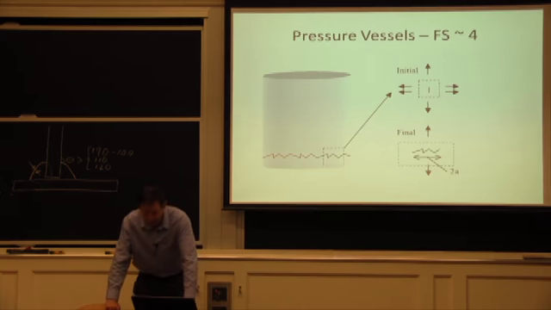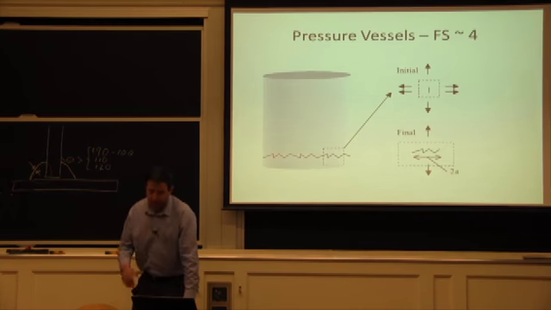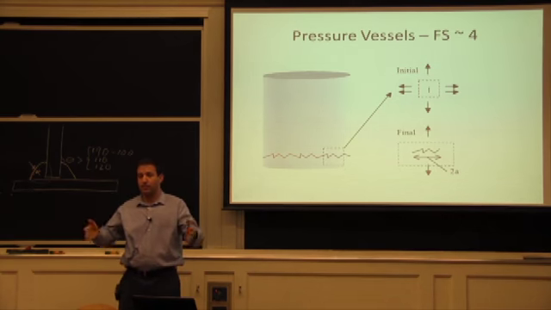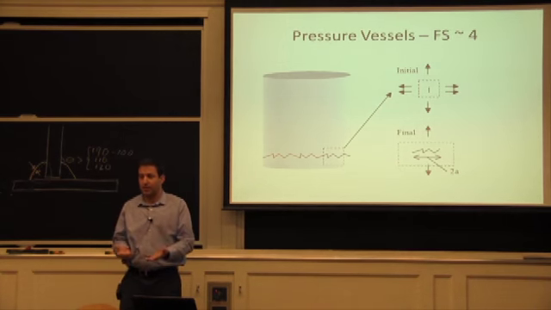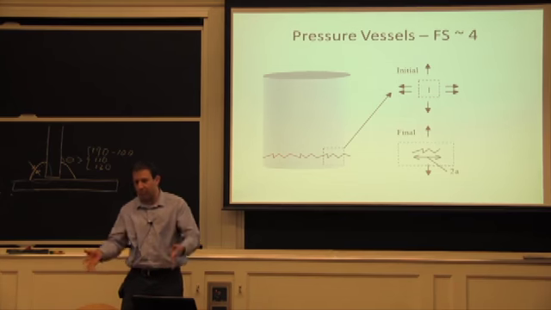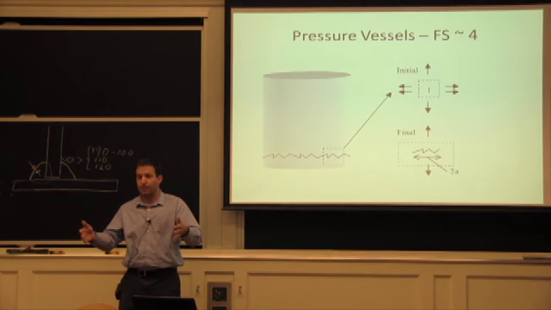Another example here of things that are not accounted for in the design, it's a pressure vessel with a factor of safety of 4. And what happened is on the inside, they had a rubber seal in the bottom. So the rubber was at the bottom and making it up a certain way up.